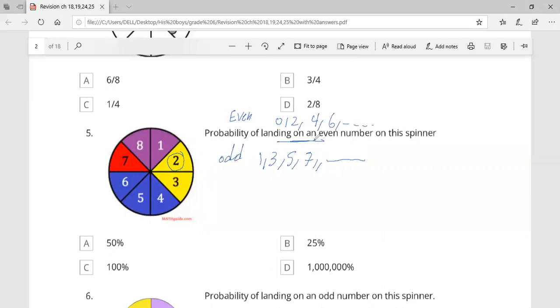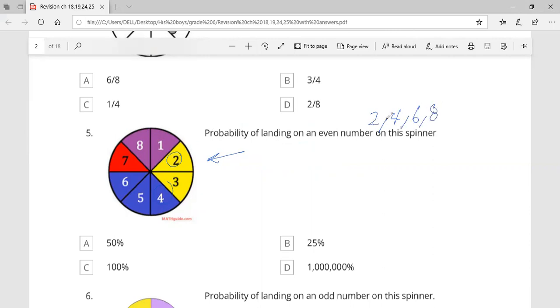Here it says even number. Even numbers are 0, 2, 4, 6, but even numbers in our spinner here, how many are there? 2 is an even number, 4 is an even number, 6 is an even number, 8 is an even number.